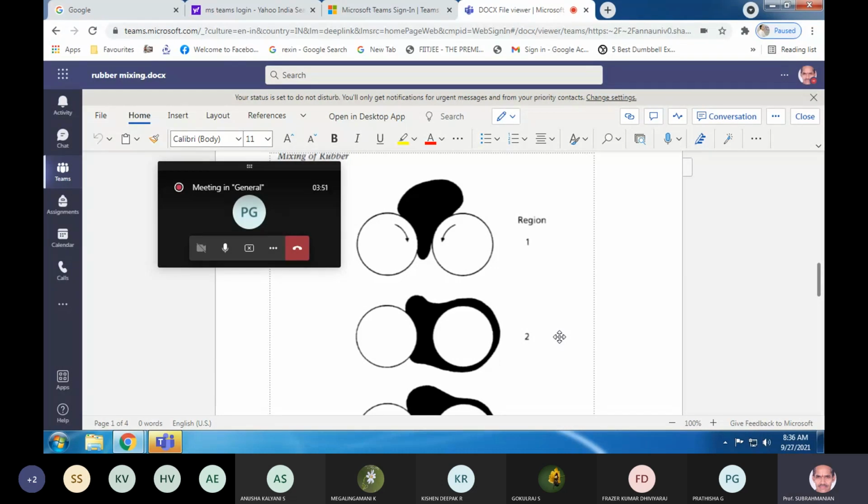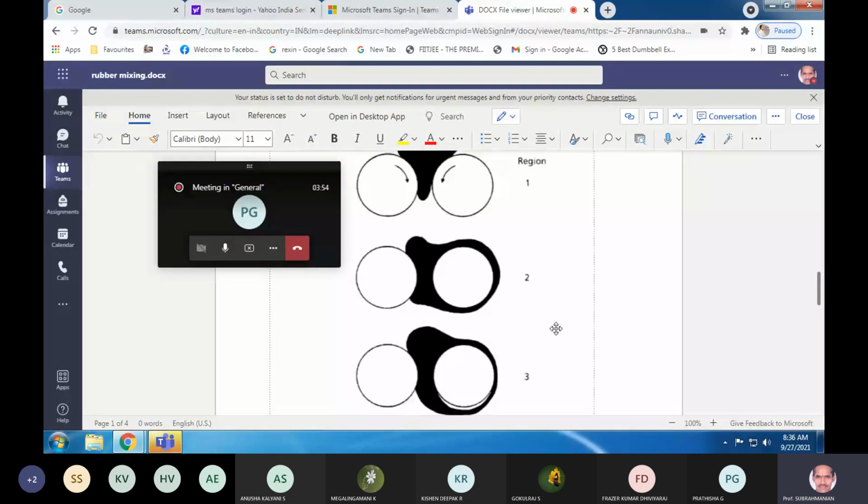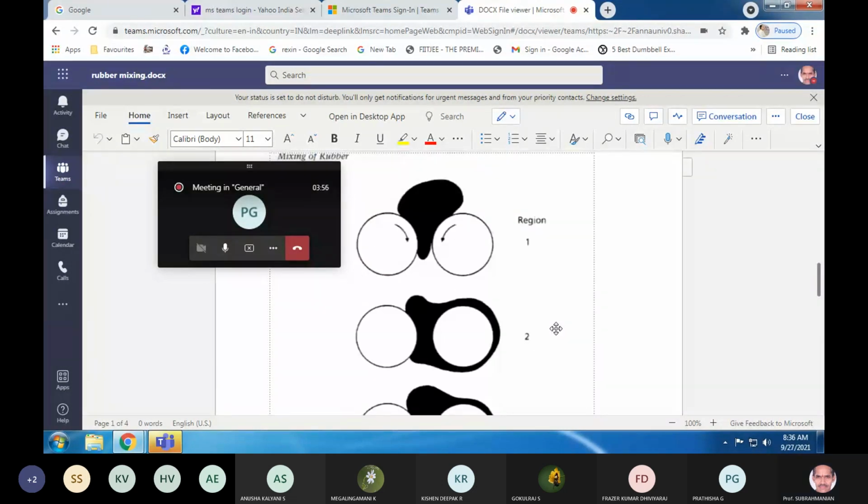And what you see here describes the four stages of the rubber behavior on the two-roll mill. So this is otherwise known as open mill mixing. The two rolls are said to operate at a definite differential velocity. That is what we call the friction ratio.